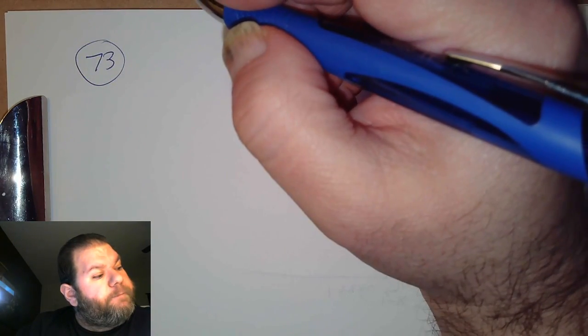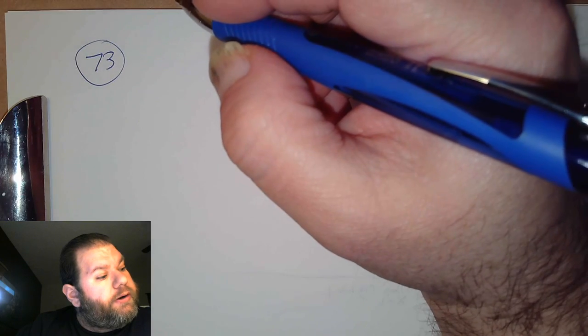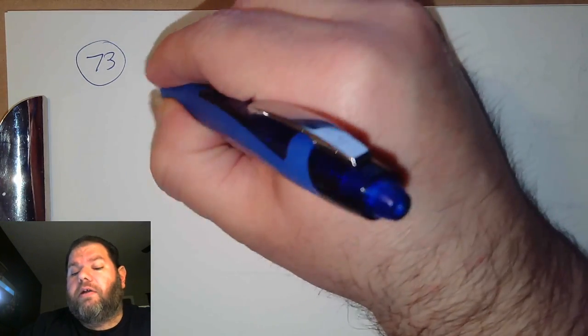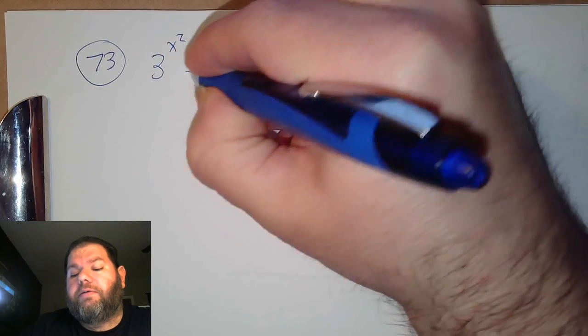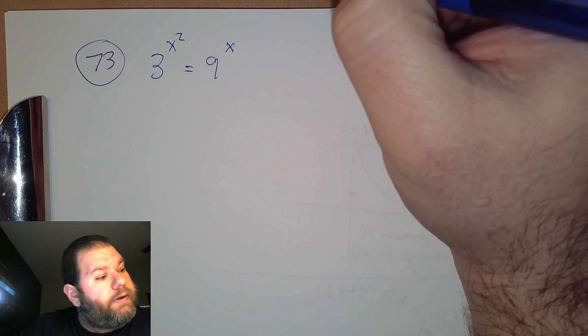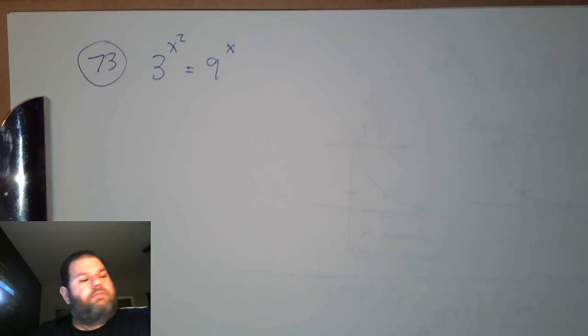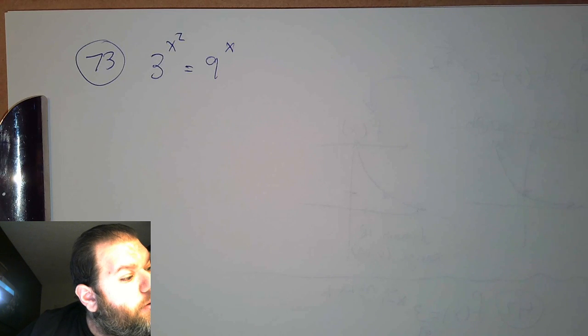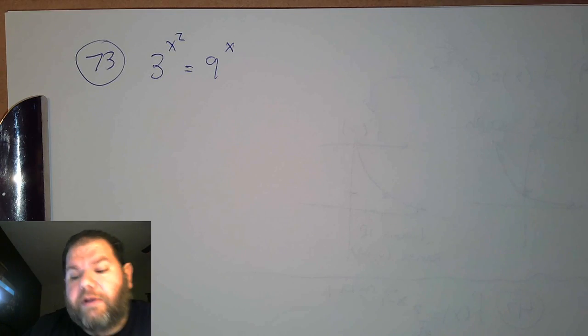We have 3 to the x squared... Yeah. 3 to the x squared equals 9 to the x. Where's that cube?